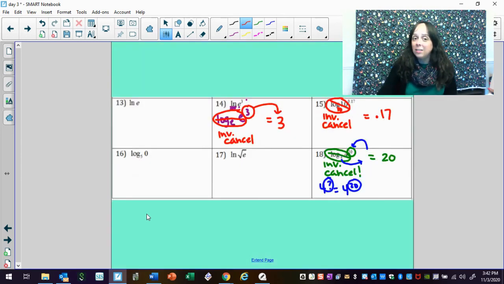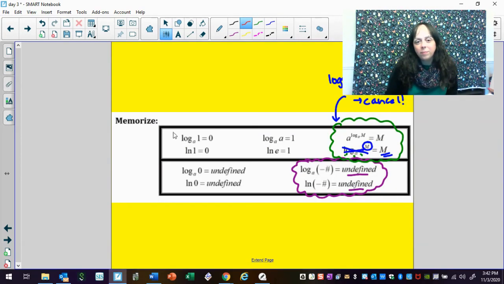So that actually leads us to another guy at the bottom. This is a special log that I want you to memorize as well. Anytime you're doing a log, no matter what the base is, any base, even ln, natural log, which is log base e, when there's a 1 inside the log, the answer is always 0.